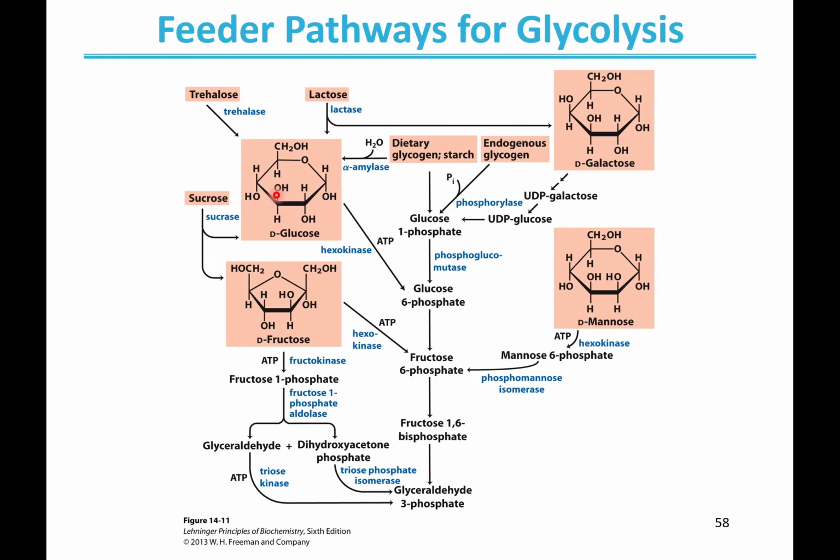Lactose has one molecule of glucose and one molecule of galactose. That galactose then has quite a few other steps it has to go through to actually get into glycolysis, which would be right here. This is what we'd think of as glycolysis.